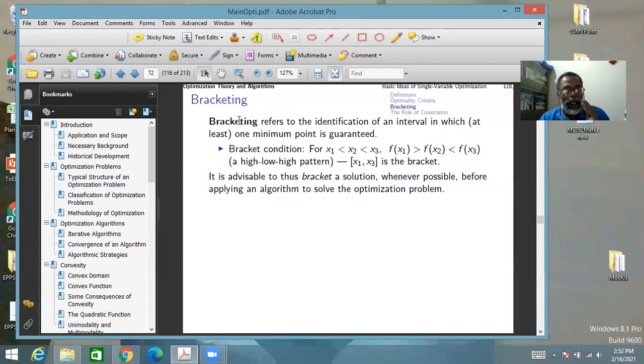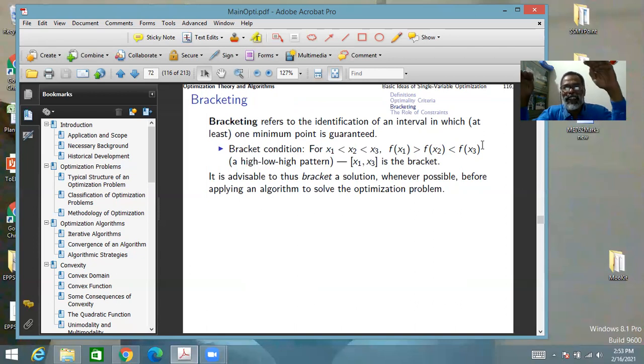The condition for a bracket is for 3 points, 3 values x1, x2, x3 continuously increasing. If the middle one has a function value lower than on both sides, so high, low, high, that means between these two highs, whatever low we have, if not that, then some other point nearby may be a minimum.